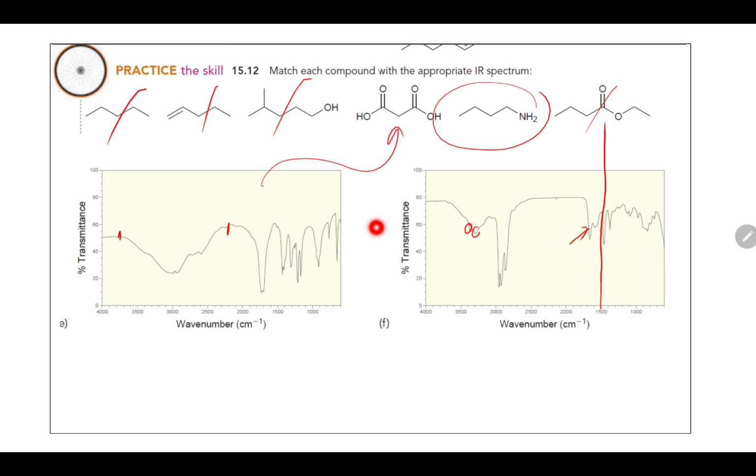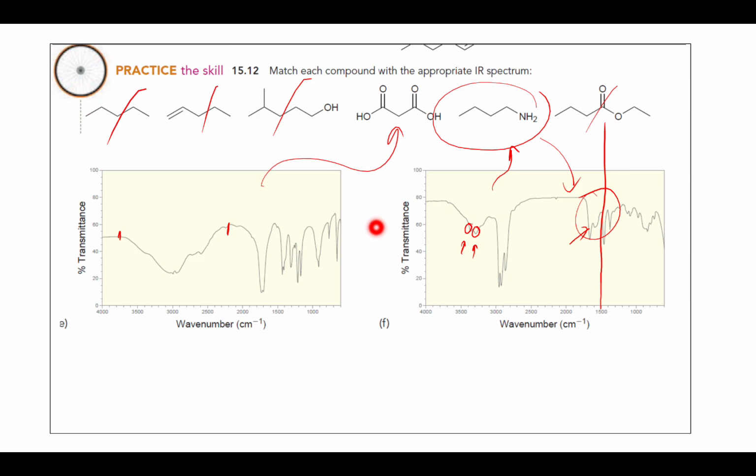And yes, we do have those two peaks which are consistent with the NH2. So this is probably a primary amine. In this region, we're not sure, maybe there's a double bond, maybe this is not the correct structure, but anyway, for now, this is the only spectrum which matches with this compound. So this is most probably the spectrum of a primary amine.